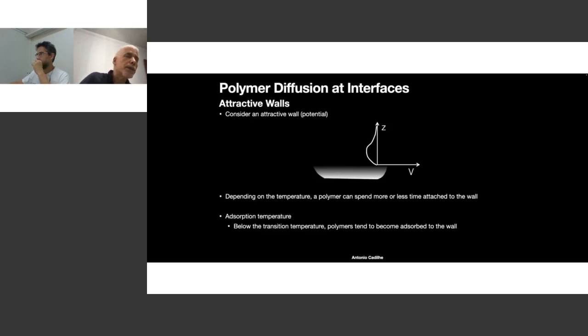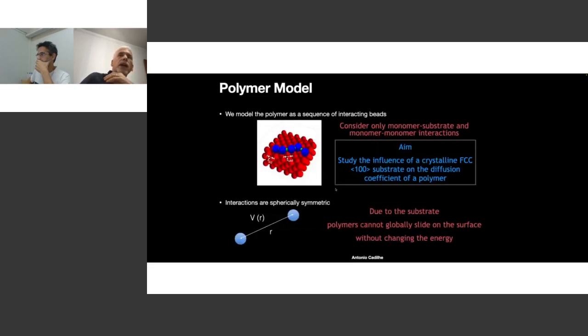but with the presence of a substrate that is crystalline, in the sense that I'm putting here. It's a crystal, in this case, a face-centered cubic substrate along the 100 orientation, and therefore we have the polymer.